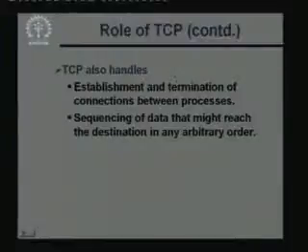TCP, in addition, since it is a connection oriented service, also handles establishment and termination of connections between applications or processes, and sequencing of data. Sequencing means at the level of TCP, say I am trying to send a message, it can be broken up into several packets and they may be sent by IP. Now, IP does not guarantee any sequencing, the packets may reach the destination in any arbitrary order.